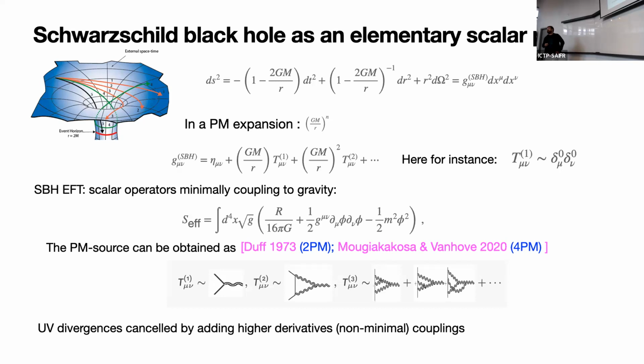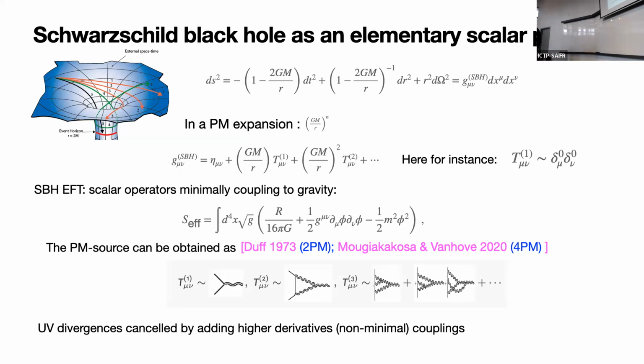This metric has a dimensionless parameter, which is this ratio, and if you expand the metric in powers of GM over r, you can write it like this. For instance, these form factors are Fourier transforms with delta functions, along with some tensor structures that you extract by expanding this metric.